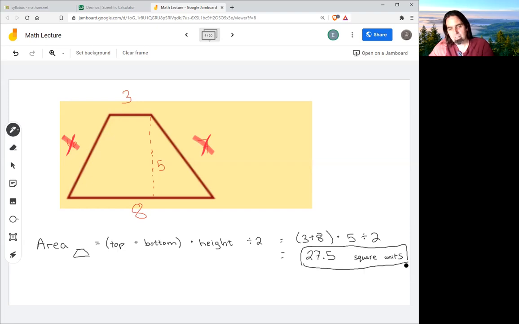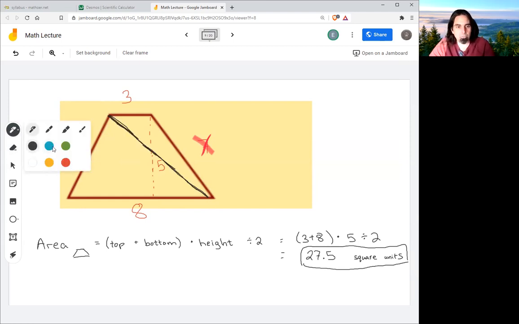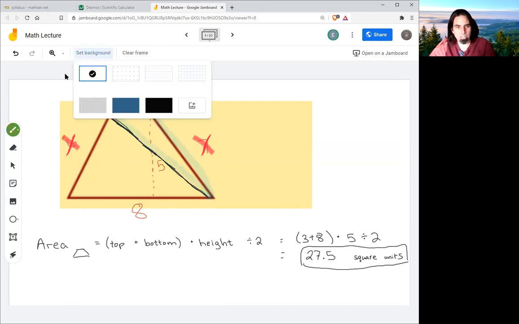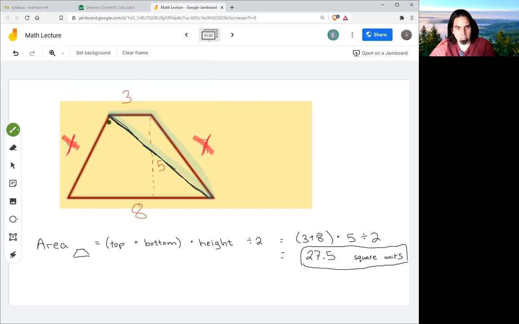Right? Now, if you don't want to use the formula, you have another option. You can say, I'm going to draw a line diagonally. Either diagonal works. Now I have a blue triangle. And I have a green triangle.